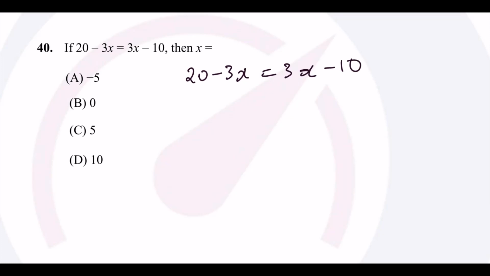Now let's go ahead and group our like terms. We can either put all our constants on one side and all our variables on the other. So let's group all my constants together. To group the constants, I'm going to add 10 to both sides.